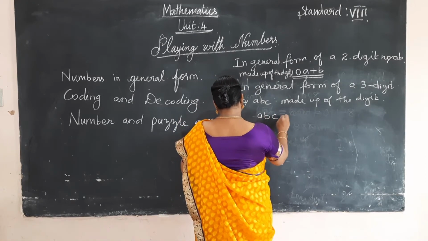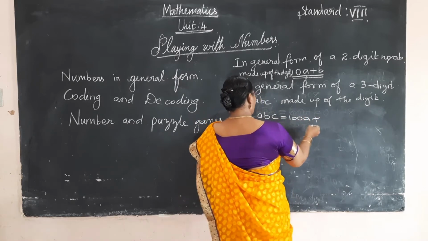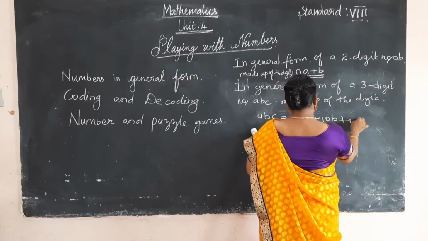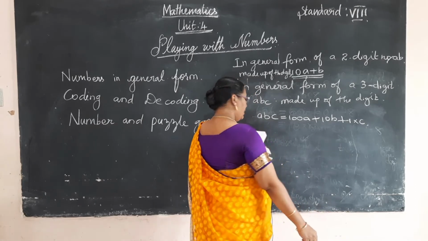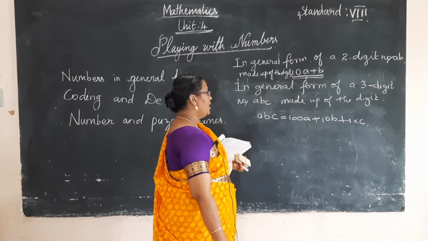ABC is equal to 100A plus 10B plus 1C. Okay, that is the meaning of general form of a 3-digit number.